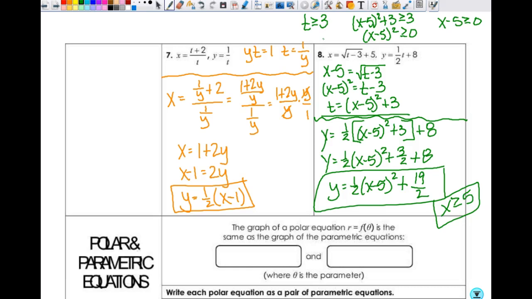Because you should know that for a square root, you can't have a negative. So if you have anything like that, you know you've had to look at domains before, then you have to do that. Does that make sense to you? If they're just squared or something like that, that's fine. But if there's a square root in there somewhere, then we've got to worry about our domain, so we don't get negatives. Does that make sense? Yes.